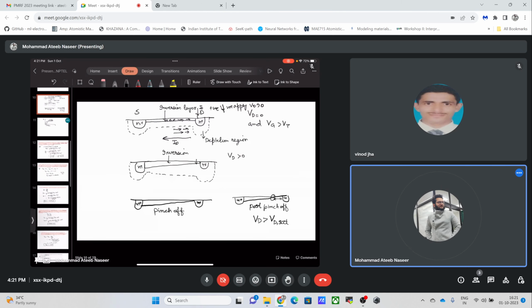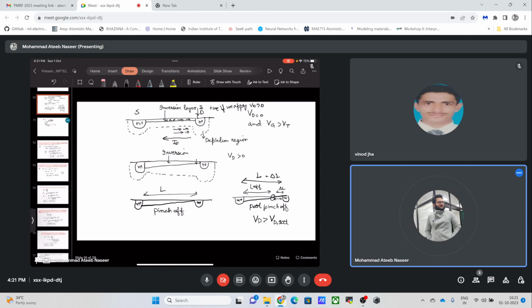Here the channel length is, for example, L, but in this case the L effective has decreased. It is some L minus delta L. So the effective channel length has decreased. As a result, we will be having this VDS dependency of the current as well, which we had neglected till this point.